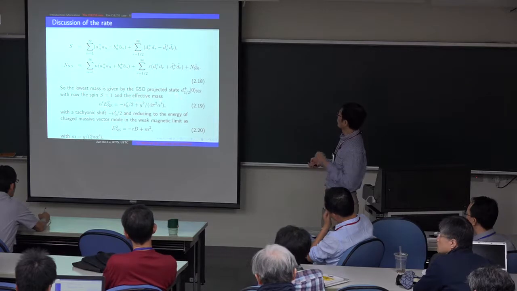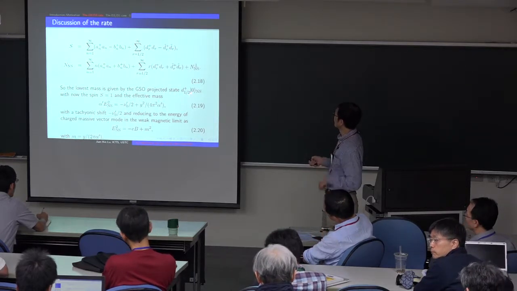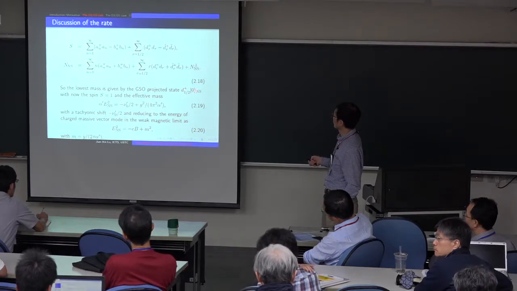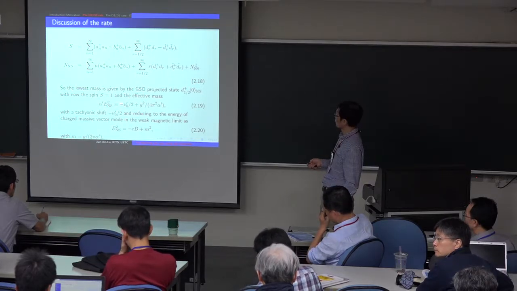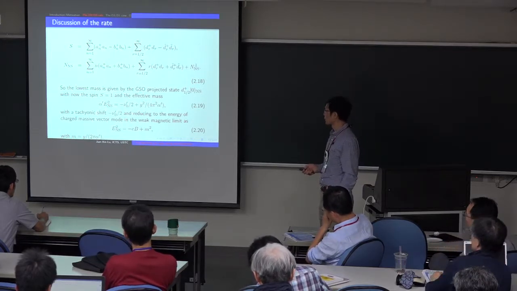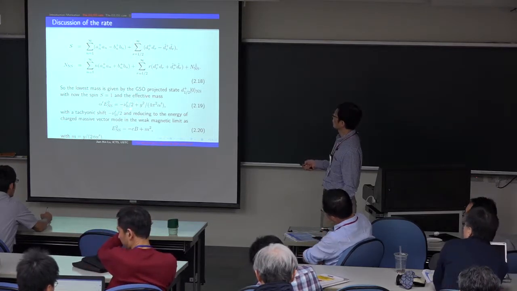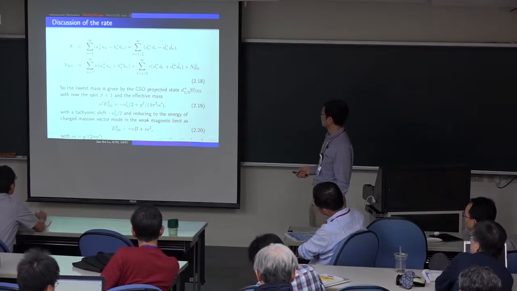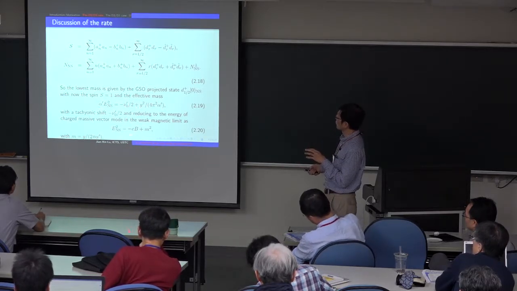Then you find the lowest energy is given by this GSO projected state. If you act with the mass operator on this state, the lowest mass spectrum is given by this. So we have this kind of shift. Normally in spin computation, we call this the tachyonic shift. If you take a weak magnetic field, it doesn't give you what we had before.